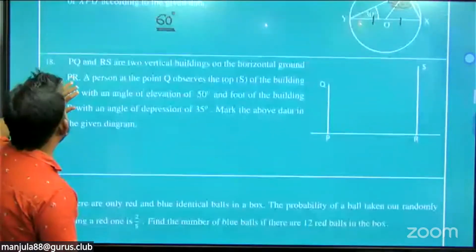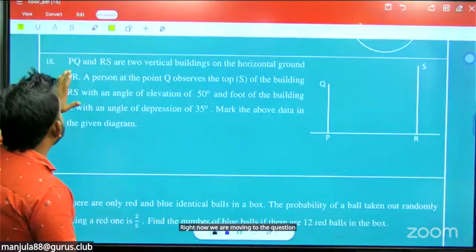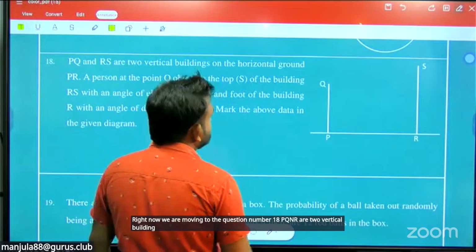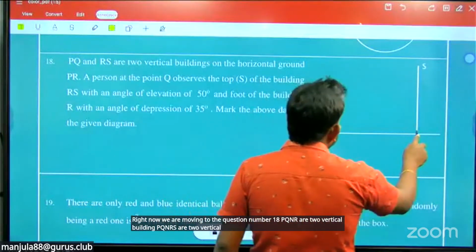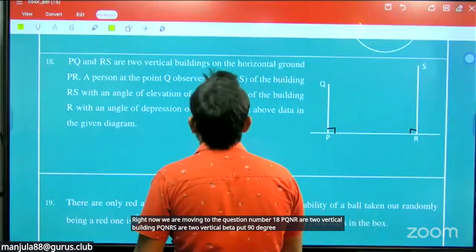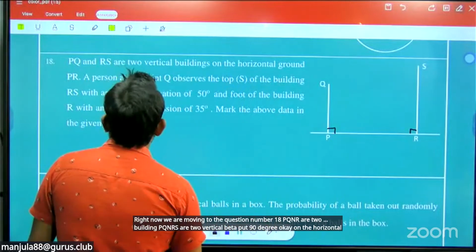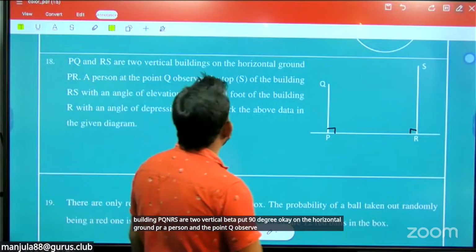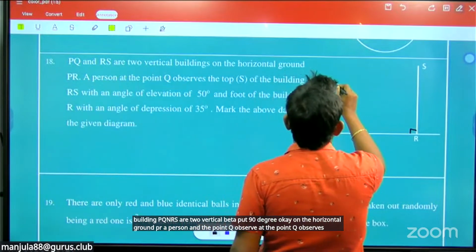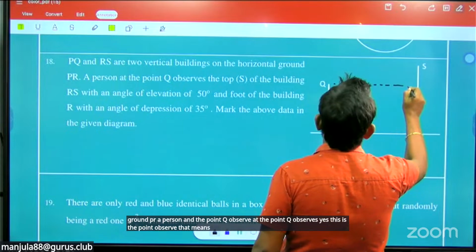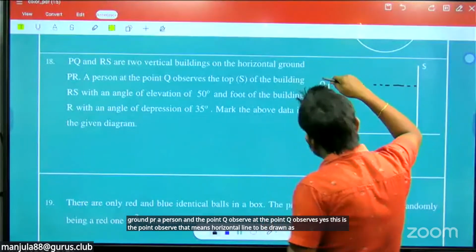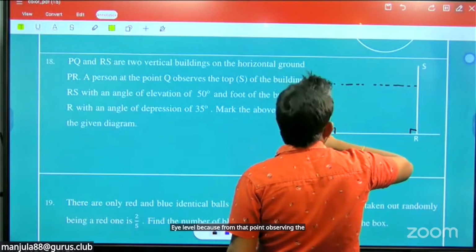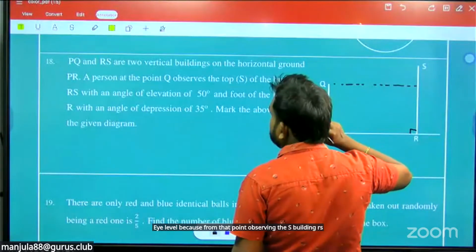Right, now we are moving to question number 18. Right, PQ and RS are two vertical buildings. PQ and RS are two vertical, better put 90 degrees, on the horizontal ground PR. A person at the point Q observes, yes, this is the point of observation, that means a horizontal line is to be drawn as eye level, because from that point observing the building RS with an elevation of 50.